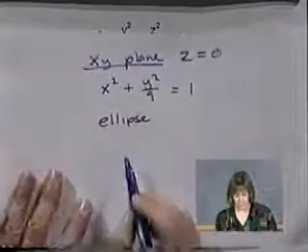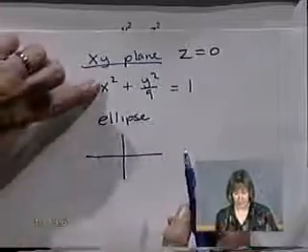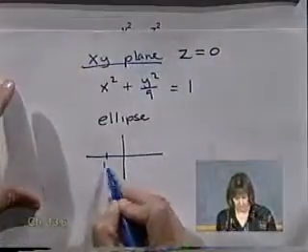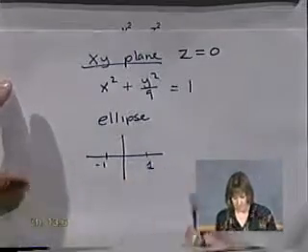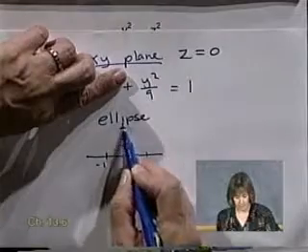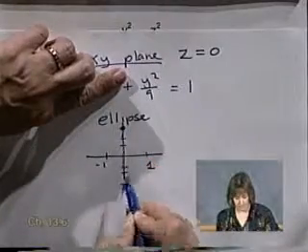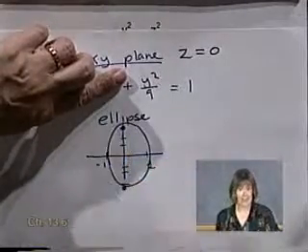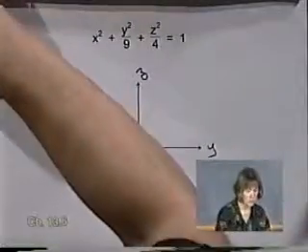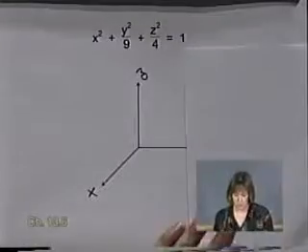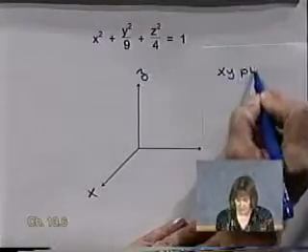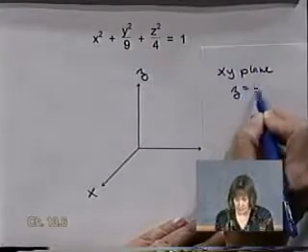If I drew my ellipse in the xy plane, if y was 0, x would be plus or minus 1. And if I let x be 0, y would be plus or minus 3. And my ellipse would look something like that. So I'm going to go back here, and first look at the xy plane, which has z equal to 0.